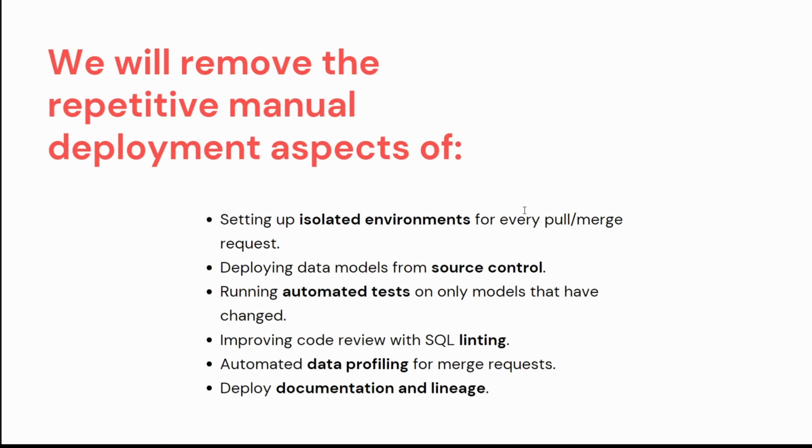So not only are we testing the code with code quality, such as linting, we're also checking the output of the data with data profiling. And finally, we want to deploy documentation and lineage updates on every single change. This is the thing which normally gets missed at the bottom, but it is exceptionally important and useful to understand how changes will impact future models.